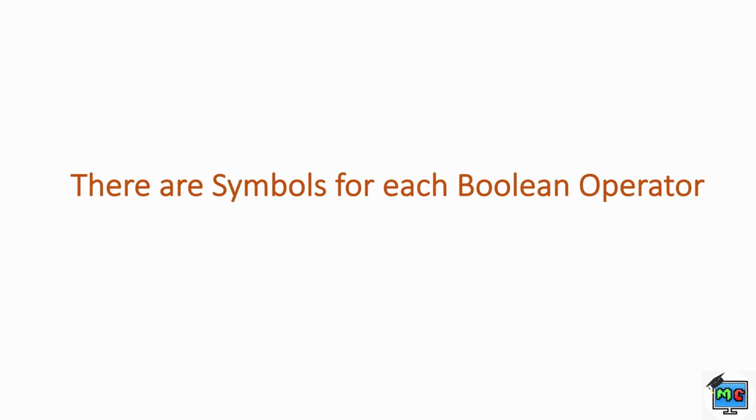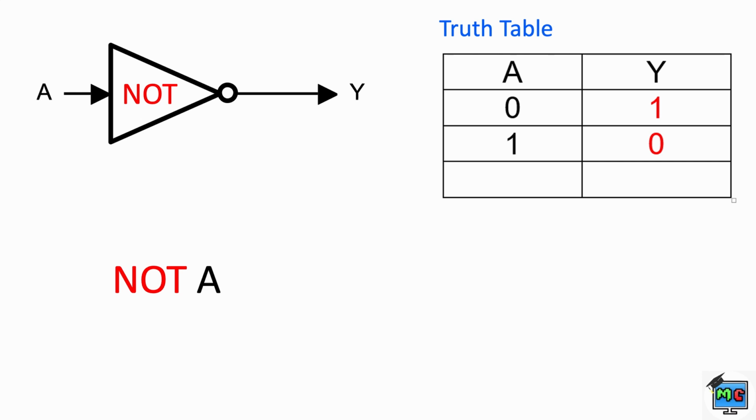There are symbols for each Boolean operator. So instead of writing the words AND, OR, XOR, you can use symbols to represent each one. So we're going to have a look at the symbols now. The first one, the NOT gate: we wrote NOT A, we actually wrote the word NOT.